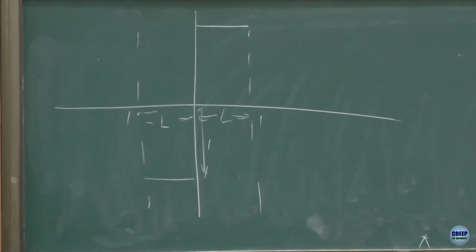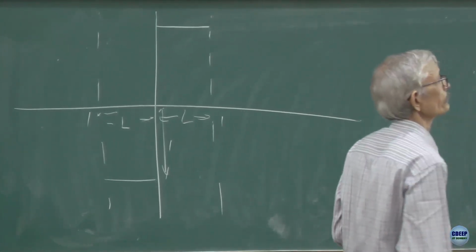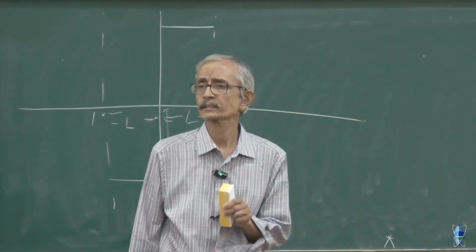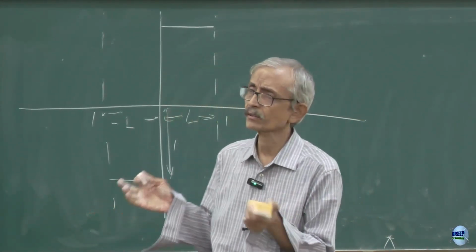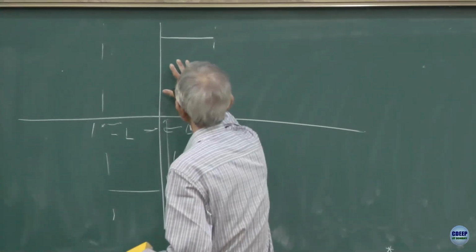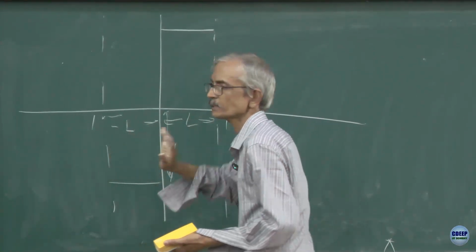Now, will C0 exist? It will not exist because it's an odd function. The constant term is going to go away because you are integrating f(x), and this is an odd function, so the two halves will cancel out.